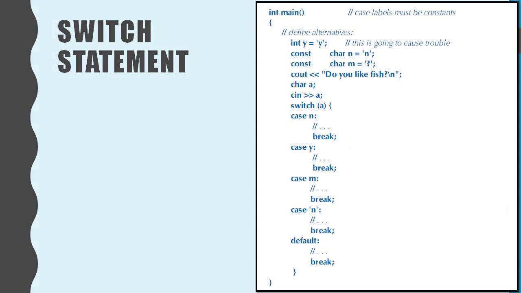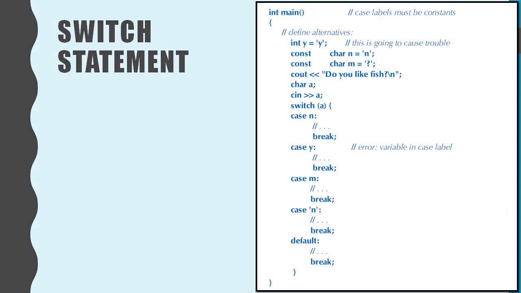We input that into a switch statement and check it with a few case labels. The first case label is the constant char n, so it's okay. But the second case label is the variable y. We can have constants, but we cannot have variables. So here we get an error because it has the variable y.